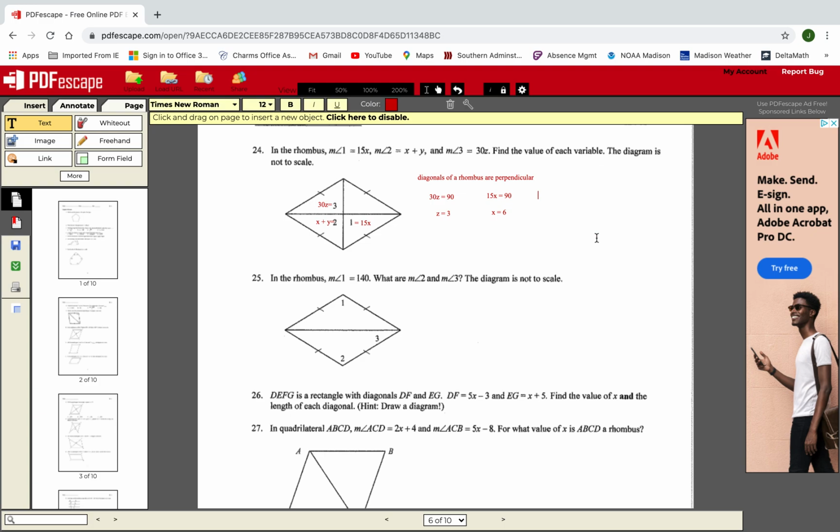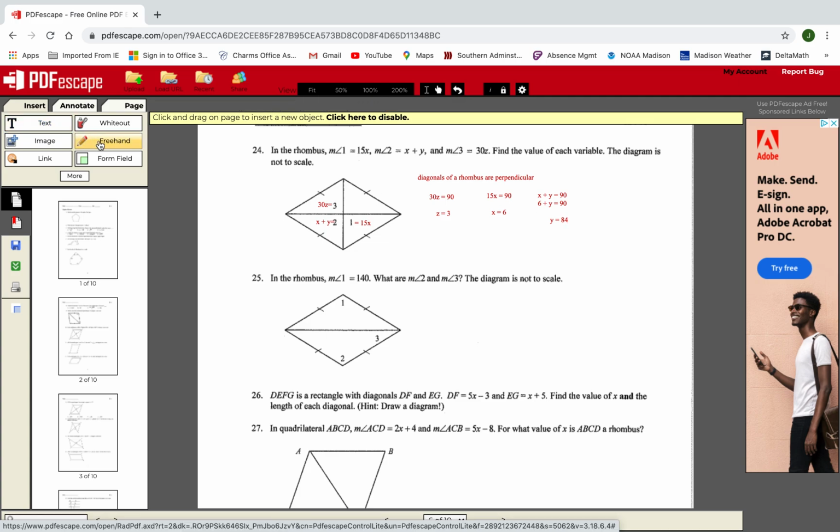And we know that x plus y equals 90. And we now know the value of x is 6, so we can say 6 plus y equals 90, and then just subtract 6 from both sides to get that y equals 84. Got our 3 variables there.